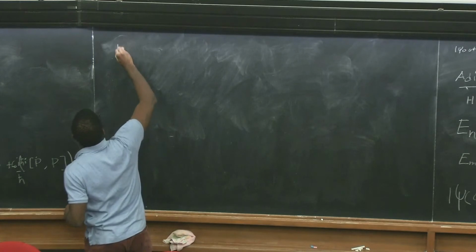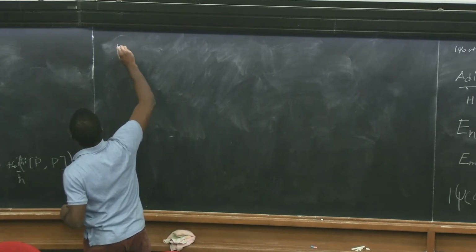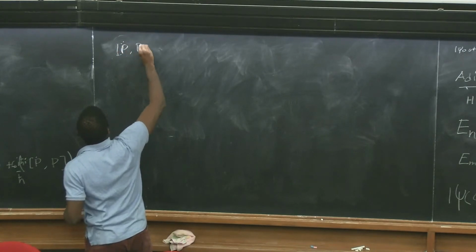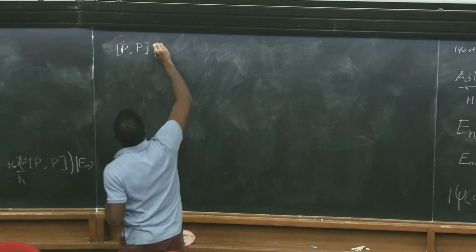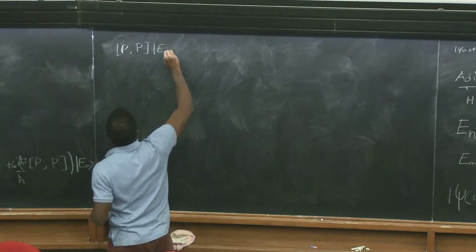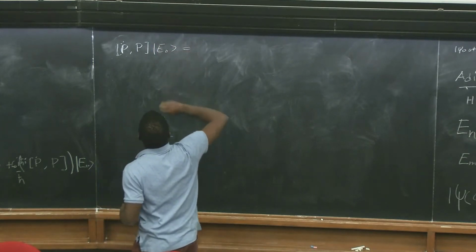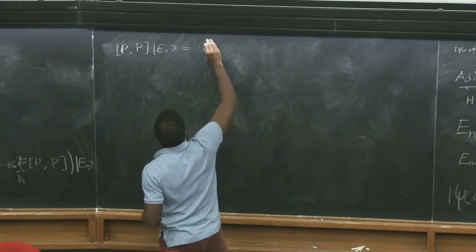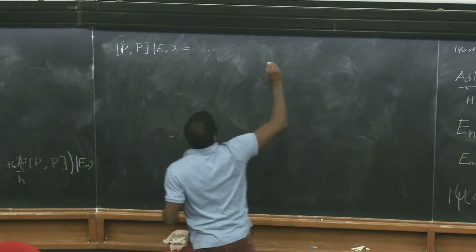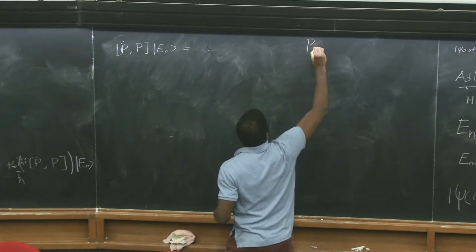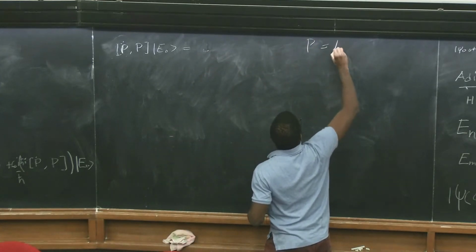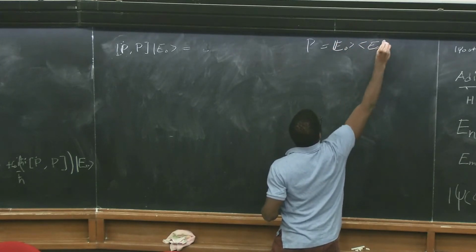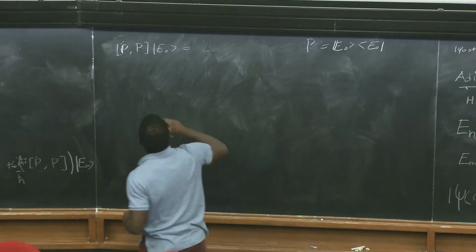We are going to have P dot P applied to E0, which is going to be... I just recall for a second that P is E0, okay?